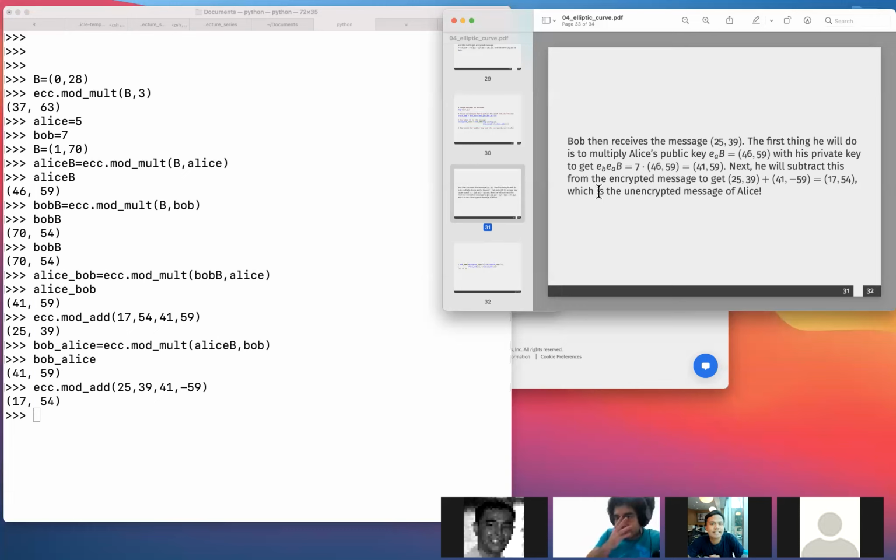Because of that, it only needs little CPU and memory to encrypt and decrypt using elliptic curve cryptography. And because of that, it is very useful for low power devices: cell phones, tablets, IoT devices that encrypt data are using elliptic curve.